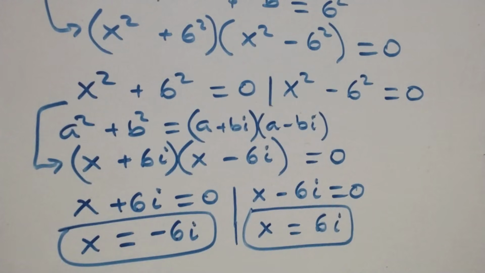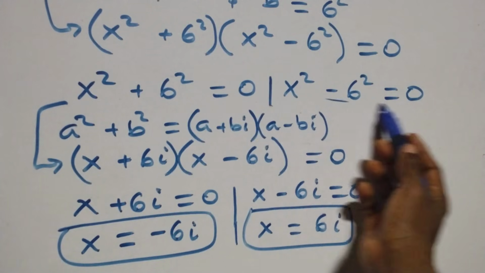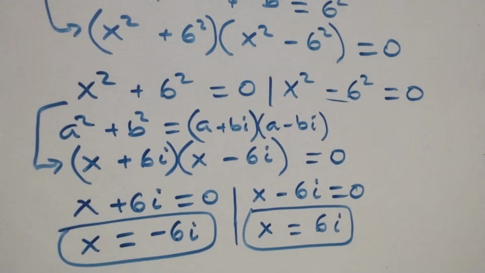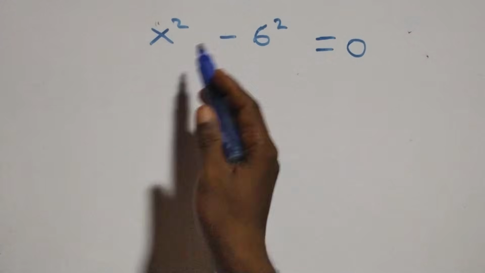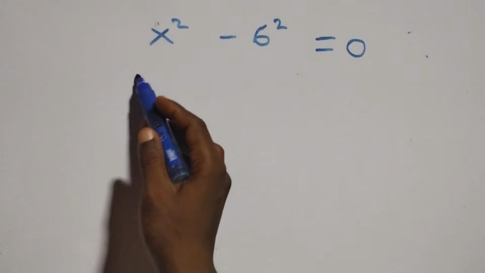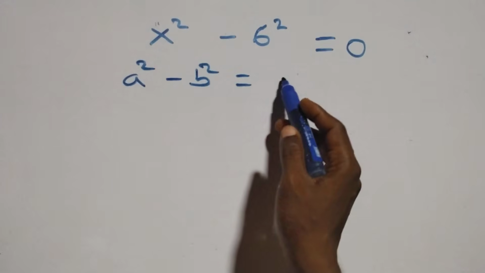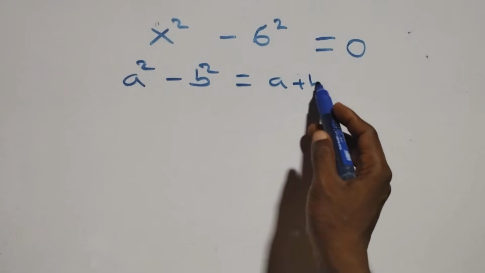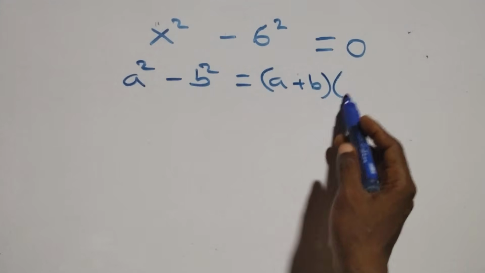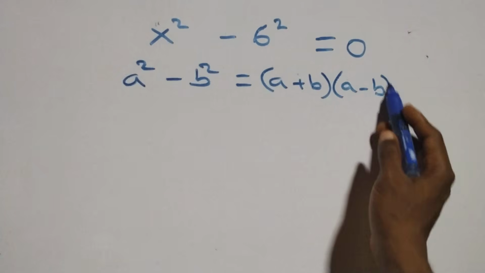Then solving the second case, that is x squared minus 6 squared equals 0. This also follows when we have a squared minus b squared, which equals a plus b, open bracket, a minus b.